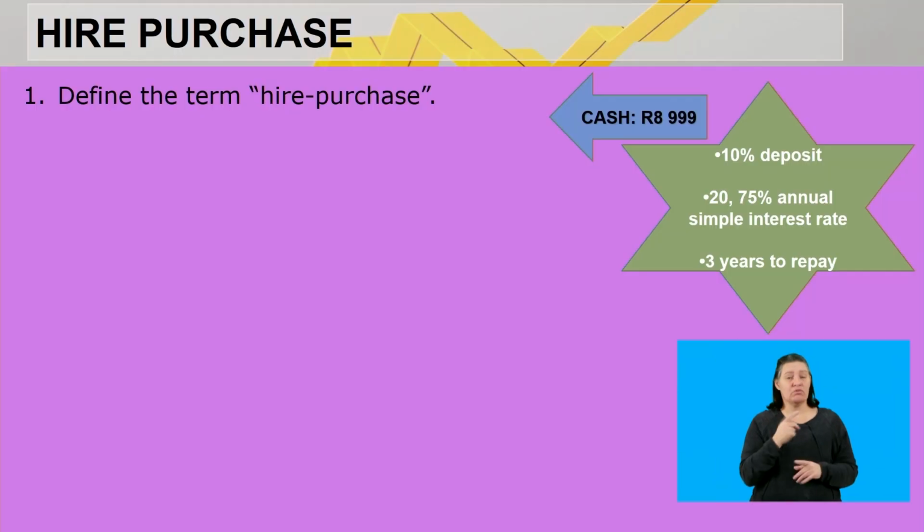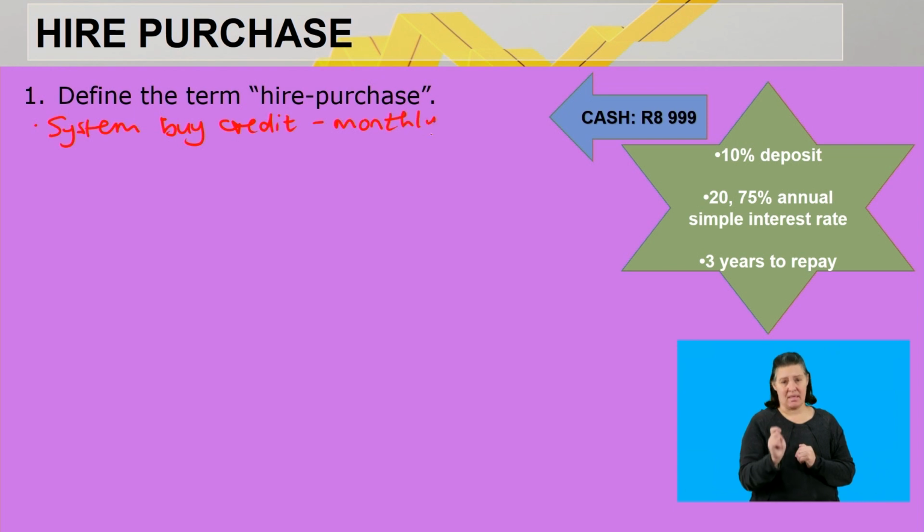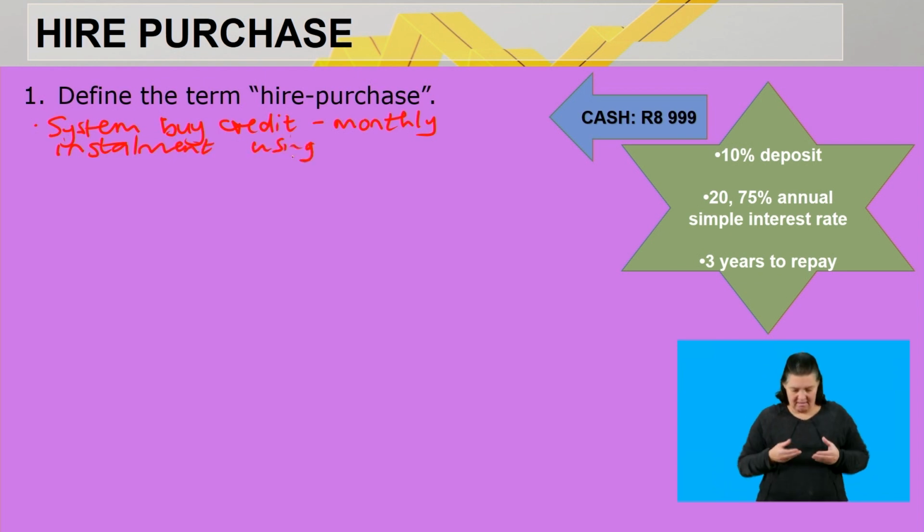So if we define the term, we'll say that hire purchase is a system whereby people buy products on credit. So you buy on credit, and you pay monthly installments while you are using these products.